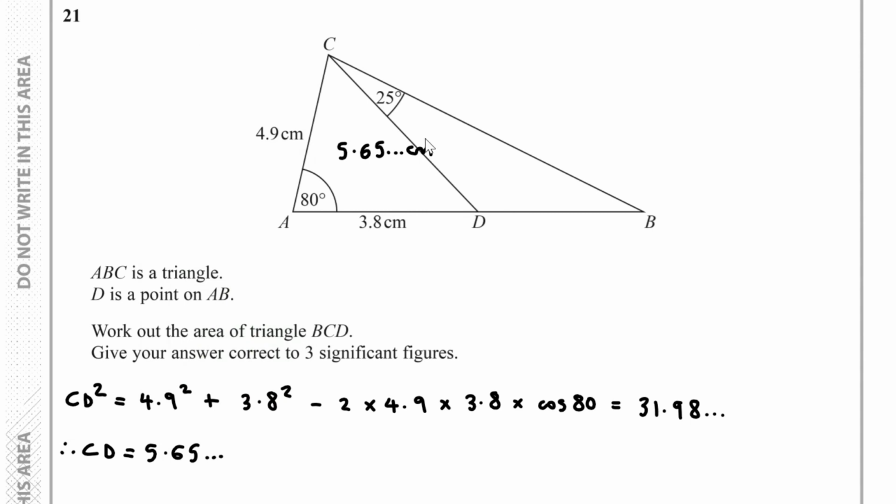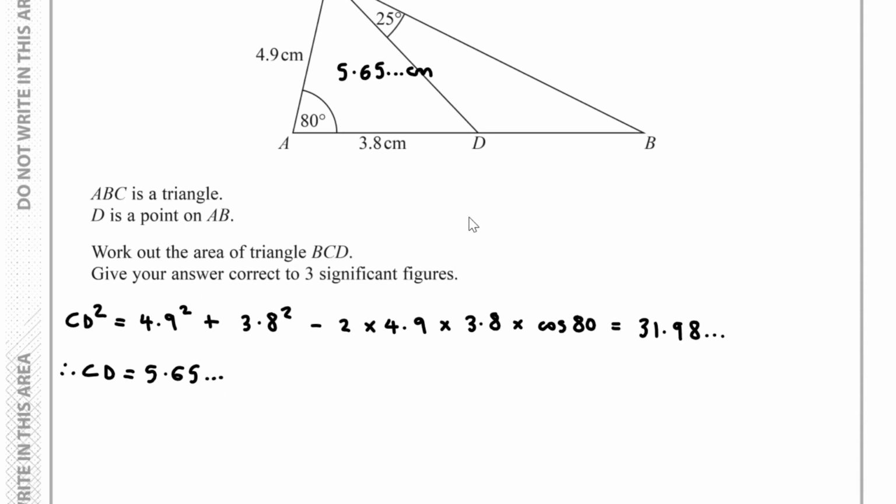Now, we need to work out this length somehow. Let's think about how we can do this. If I know this angle here, then I can find out this angle here. And to find this length, I can use the sine rule. So let's find out what the angle CDA is, and we can do that using the sine rule.